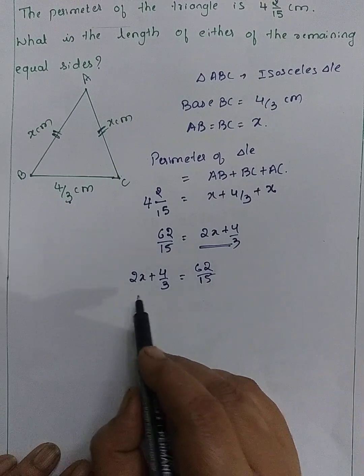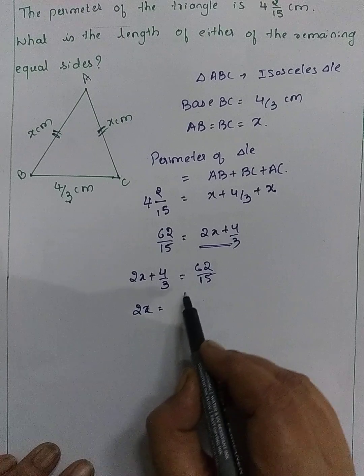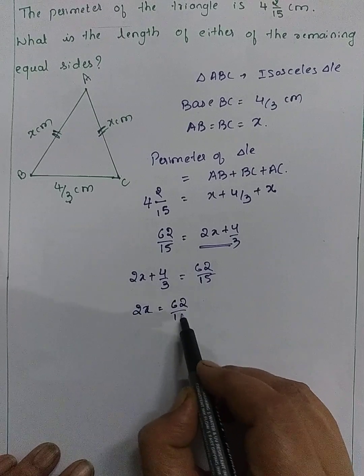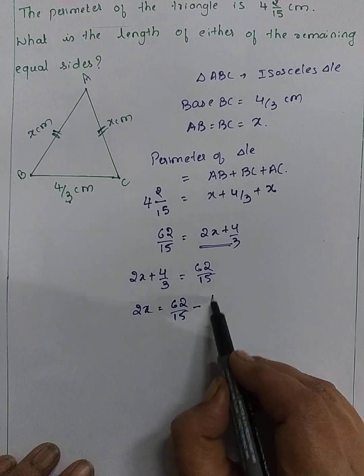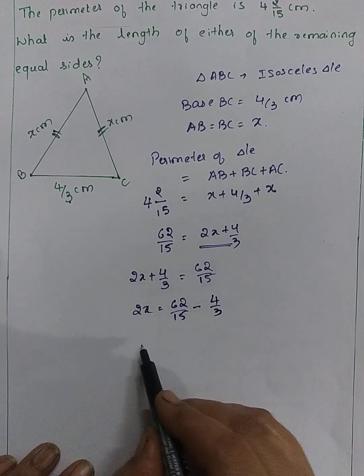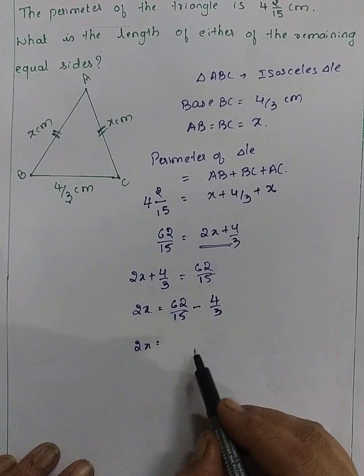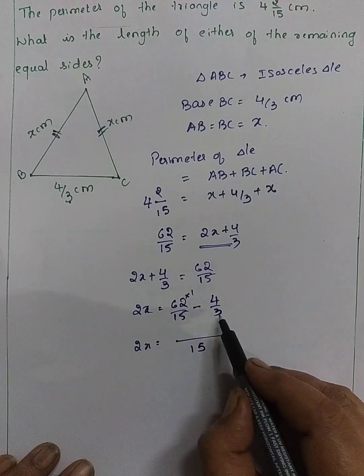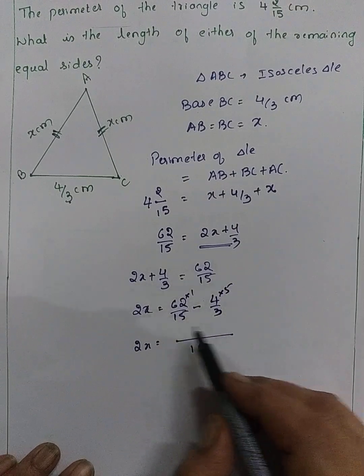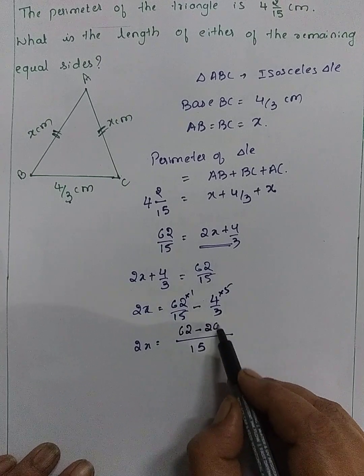Both are the same. Now here you have to find x. So you write 2x here, equal to 62 by 15. Transfer this 4 by 3 to the RHS. Next, 2x equal to. The LCM of 15 and 3 is 15. 15 into 1, 3 5s are 15. 62 minus 4 5s are 20.